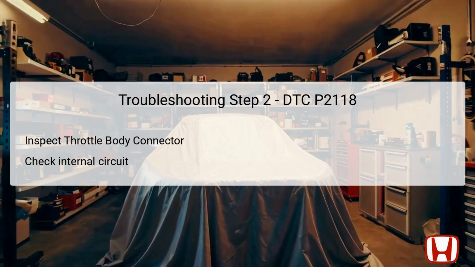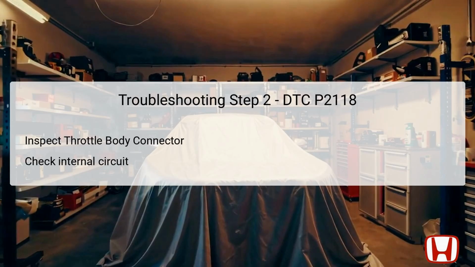Use an ohm meter to verify that resistance falls within the range of 1.2 ohms to 1 kiloohms, ensuring that there are no shorts present. This assessment is vital, as abnormal readings would indicate a problem with the throttle body itself, necessitating further diagnostics or potential replacement.